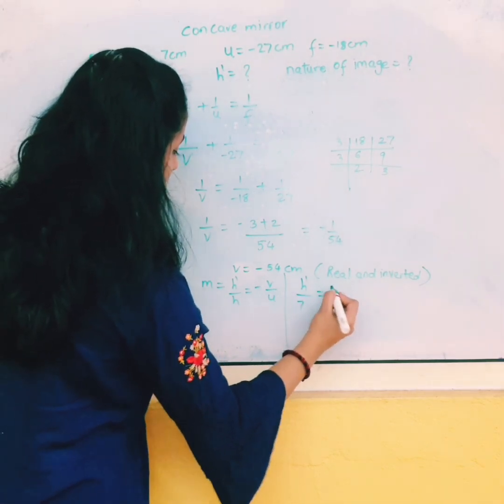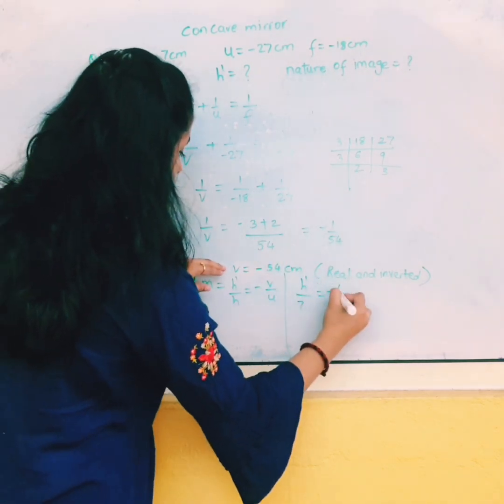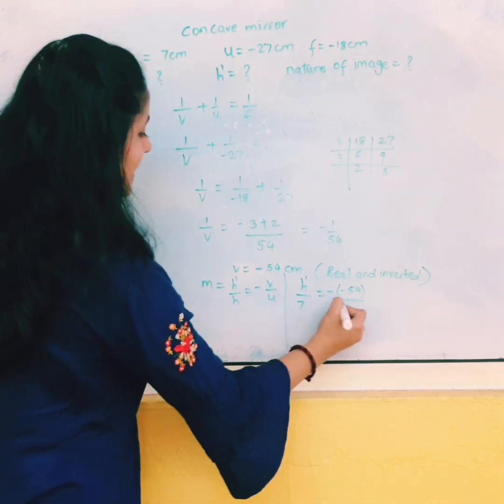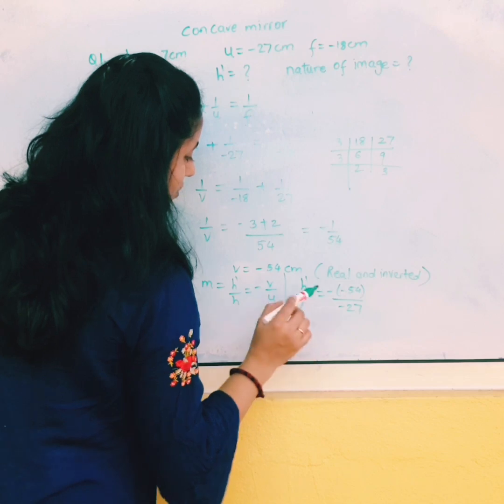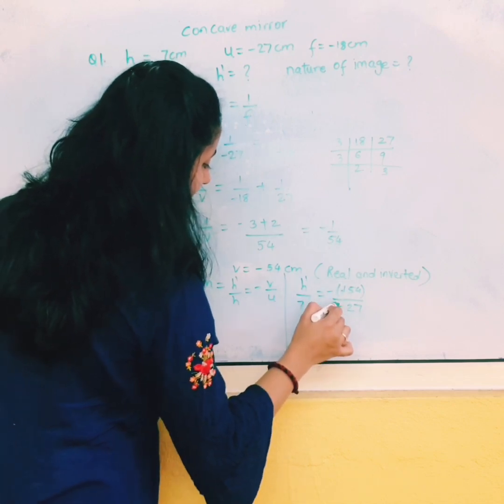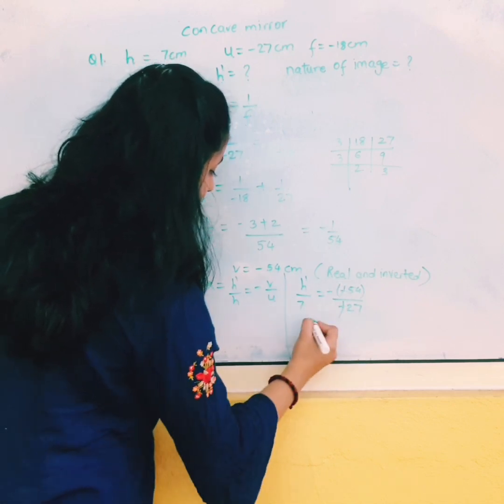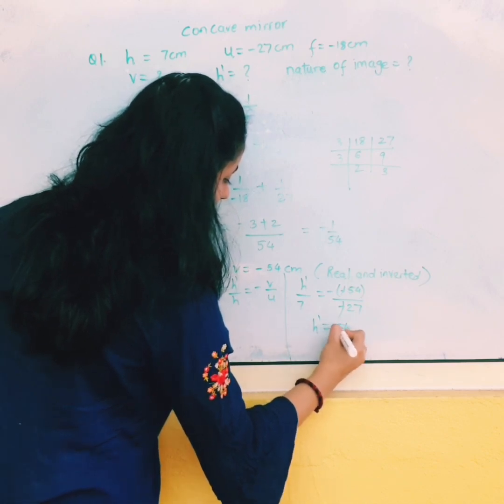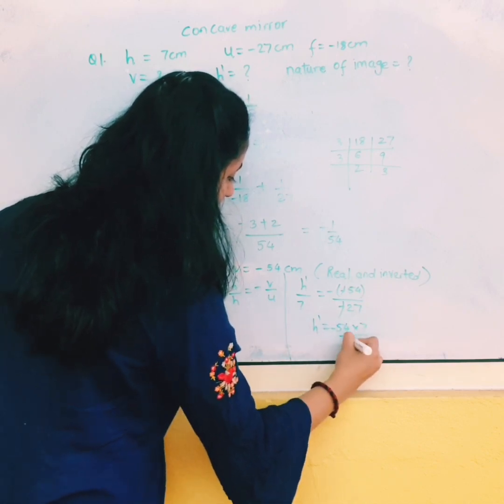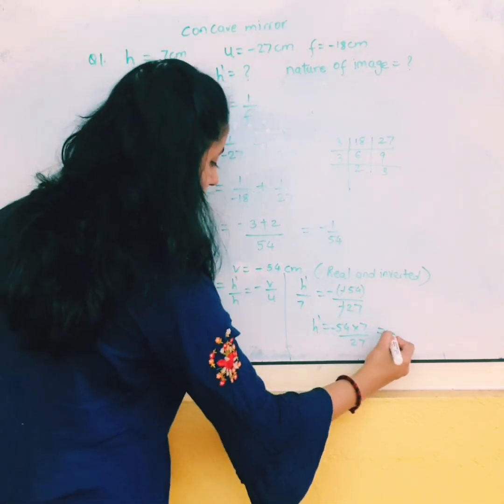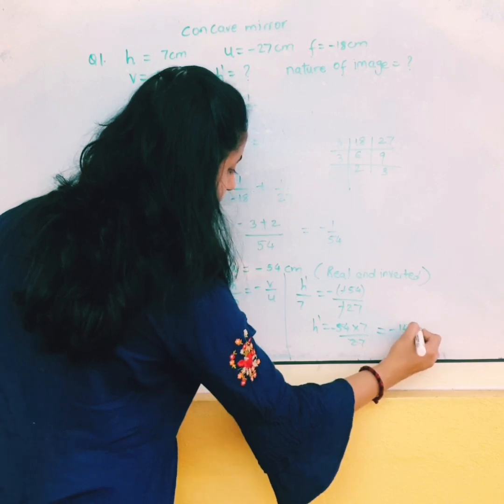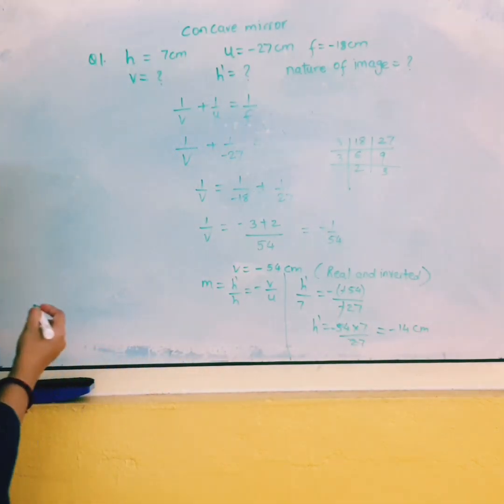So h dash upon h is equal to negative v, here negative 54, upon u, negative 27. If you look at this carefully, these two signs will get cancelled. Now h dash is equal to negative 54 into 7 upon 27, which is equal to negative 14 centimeter.